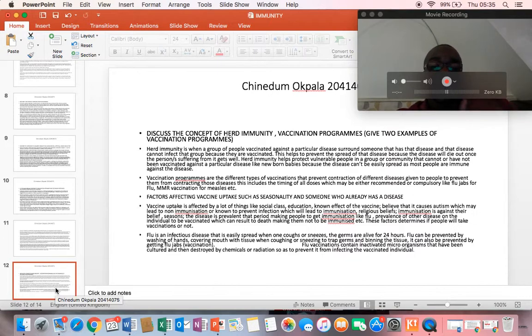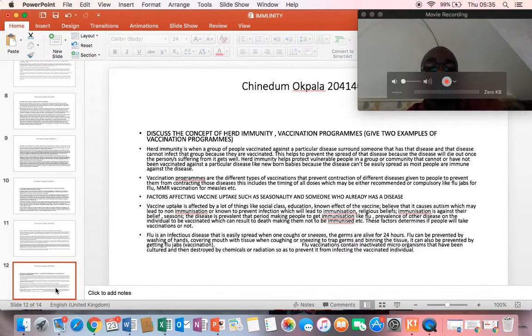Herd immunity is when a group of people vaccinated against a particular disease surround someone that has a disease, and that disease cannot infect that group because they are vaccinated. This helps prevent the spread of diseases because the disease will die out once the person suffering from it gets well.